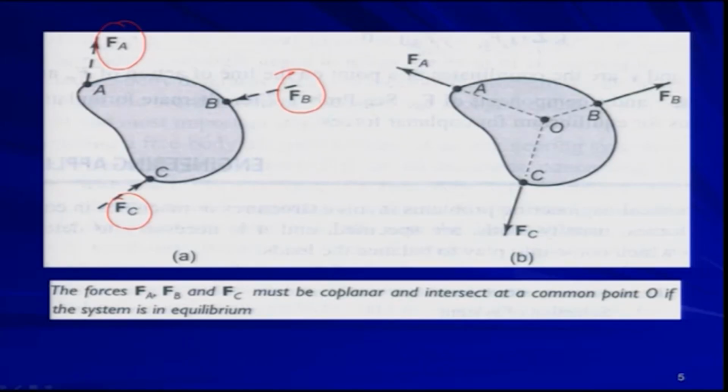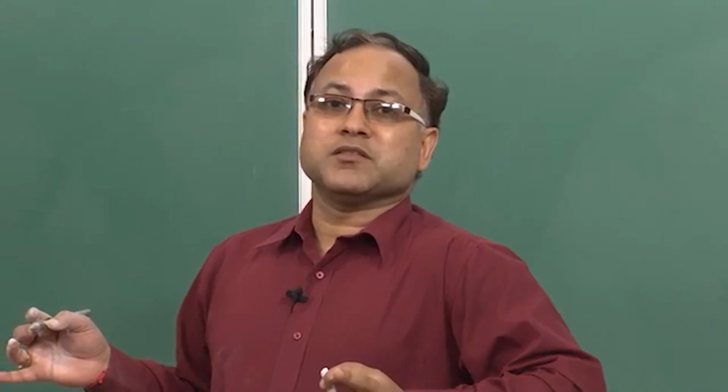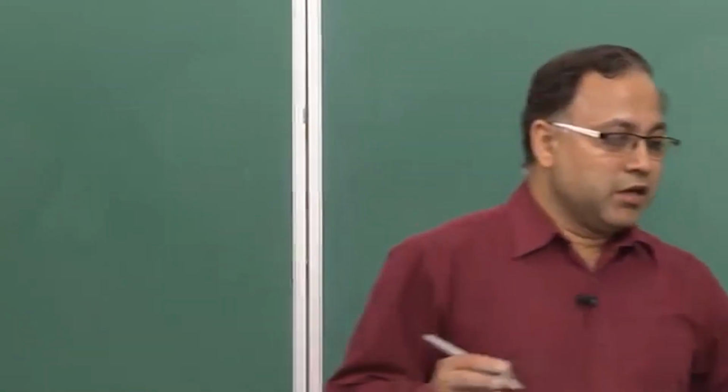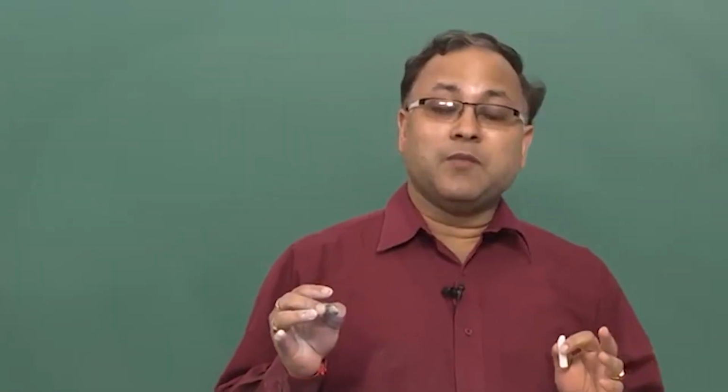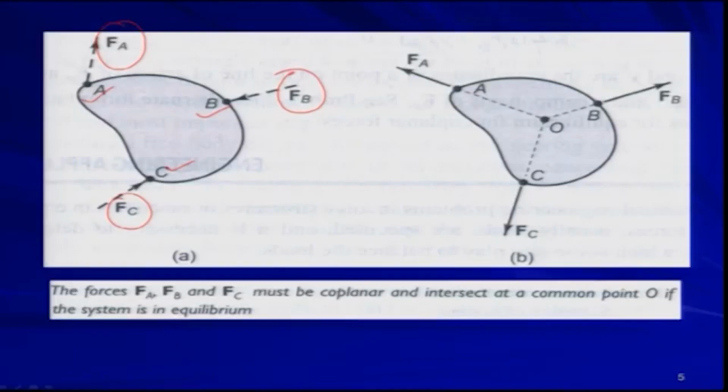The points of application of these forces are say A, B and C. Now again, there is some rule. The rule says that you cannot have random orientation of these forces. So what is the rule? I am talking about the system being under equilibrium. If the system is under equilibrium, then the rule prevails. Okay. So what is the rule?